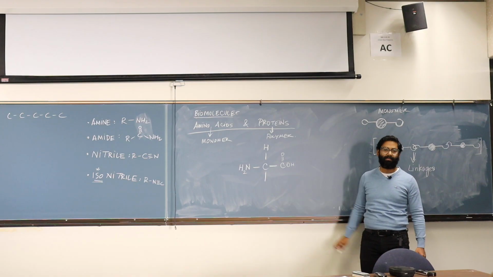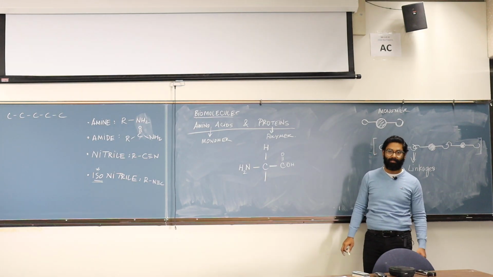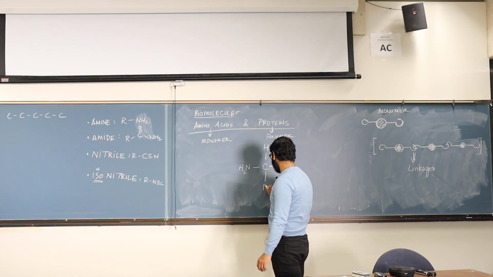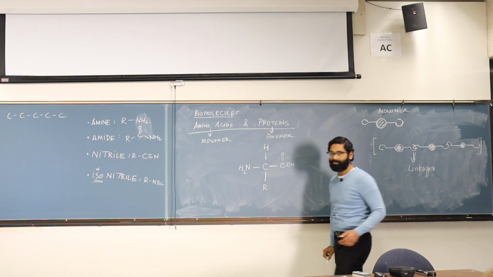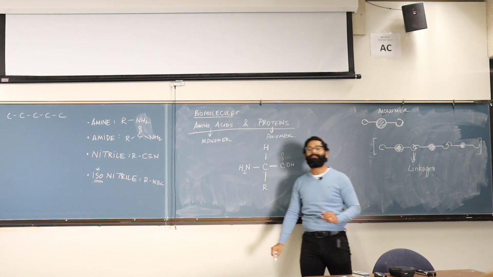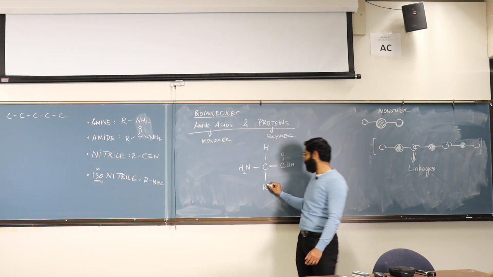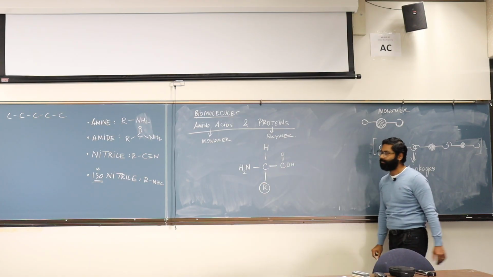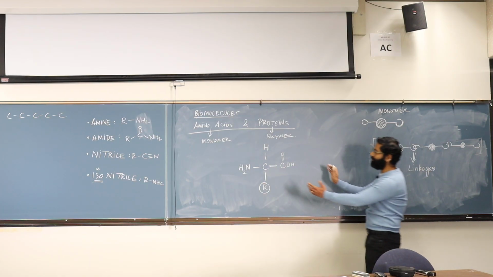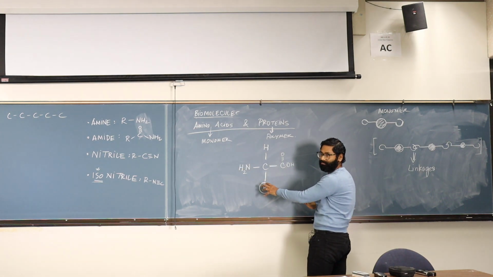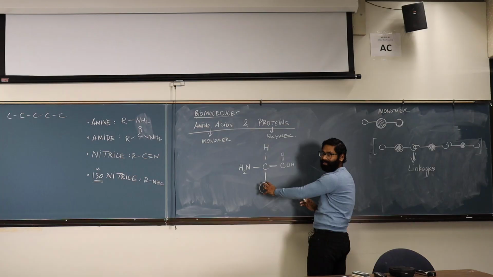The COOH? The carboxylic acid group, right? And this one is an R. So the COOH, H and NH2 are always fixed. But this can vary. So this in the amino acid is the main thing. Rest everything is fixed, this can vary.